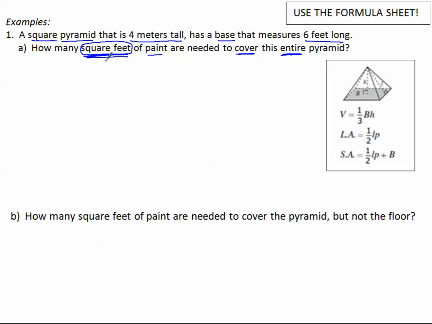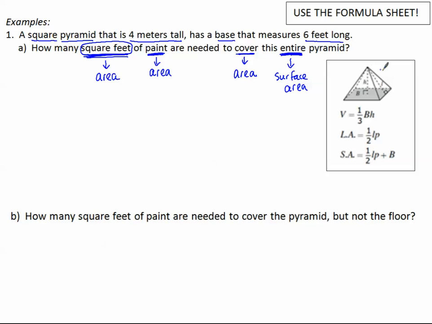Square feet indicates a need for area. Square units is area. Paint is another indicator of a use for area. Covering is another use for area. Now, a pyramid is a three-dimensional object. See the picture? But if I want to cover all of it, then that's going to be all the surfaces, or the surface area.